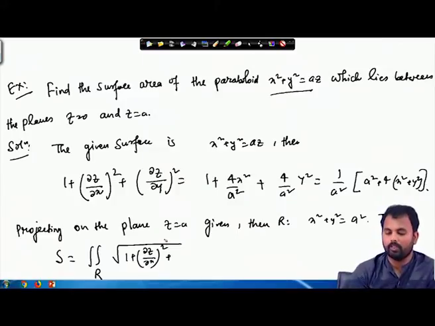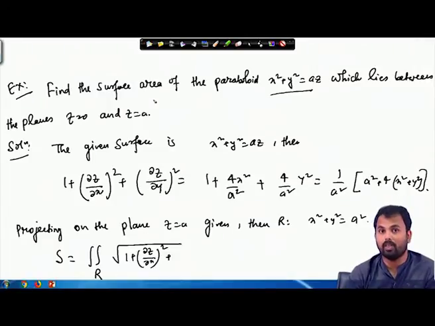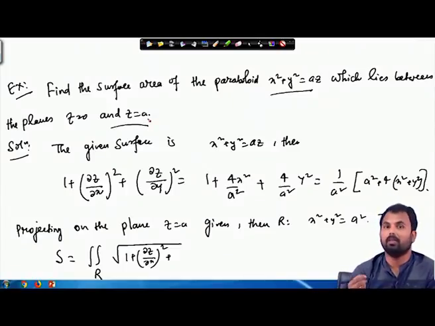So, always look for the equation, what type of equation is given, whether it is given in xz variable or yz variable or xy variable, or even if the equation is given in terms of planes, then in what sense they are meaning, and based on that we have to decide our projection. So, here z equals to 0, z equals to a are basically equations of xy plane, and therefore, we have to take the projection in xy plane.